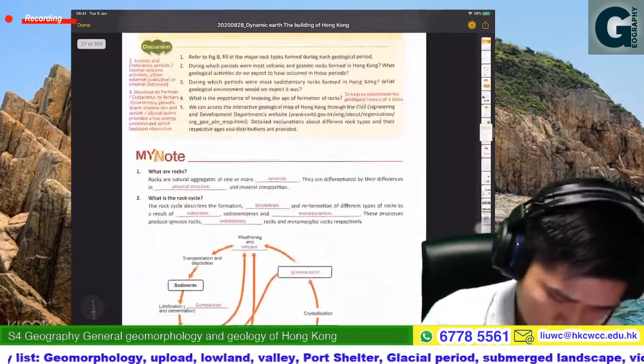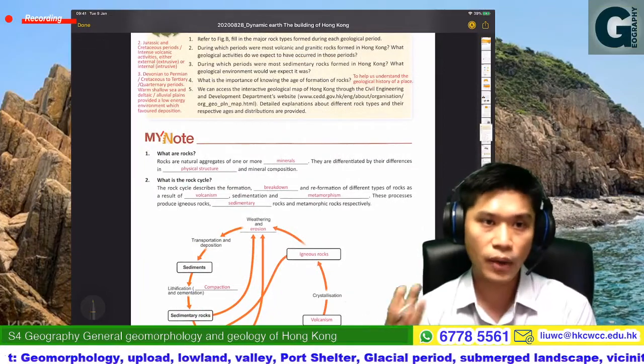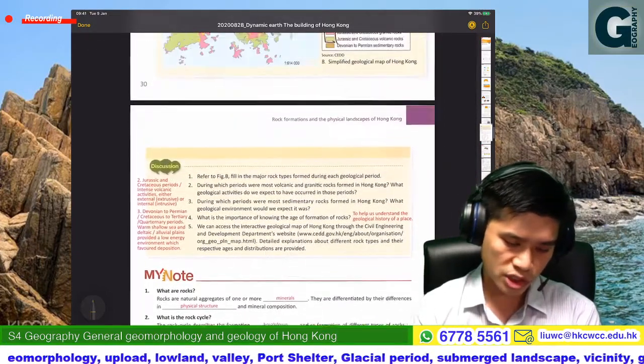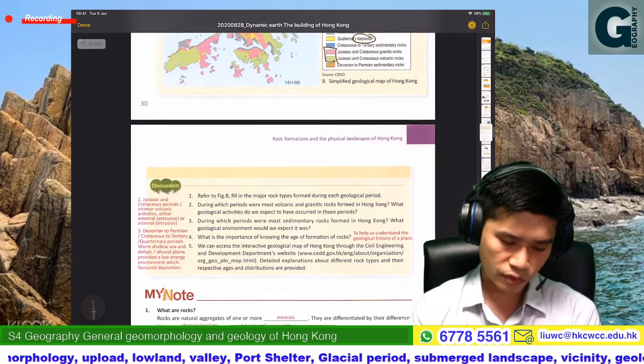And then, yes, that is the part about the geomorphology and also geology of Hong Kong.